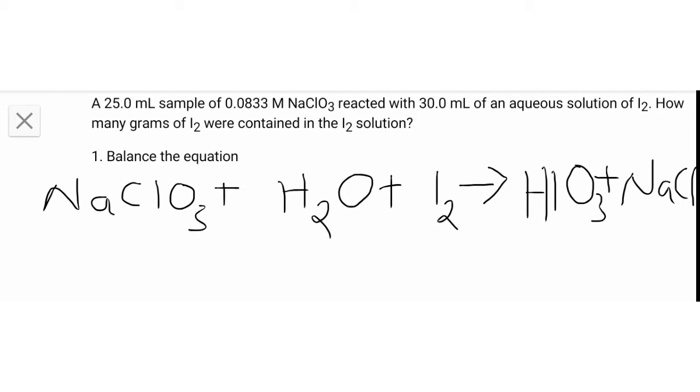All right, let's do that. Let's look at sodium. How many atoms of sodium do we have this side? So we have one atom of sodium this side. Then this side we have also one. So sodium seems to be balanced. All right, let's move to another element, chlorine. We have one atom this side. Then on the product side we also have one atom of chlorine. So chlorine is also balanced in this case.